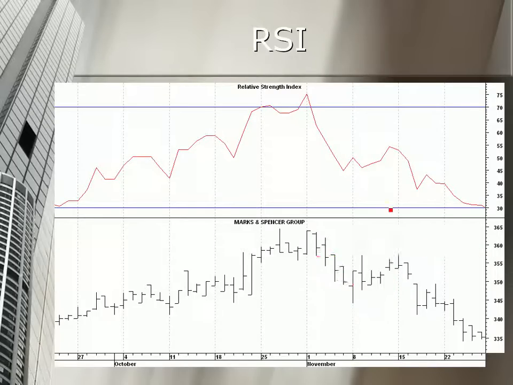That's one way we avoid some of these mistakes which we might otherwise make in indecision. But equally, the most important way is we overlay the stochastic and the MACD, as I'll show you later on, to avoid making classic mistakes related to the RSI as well.